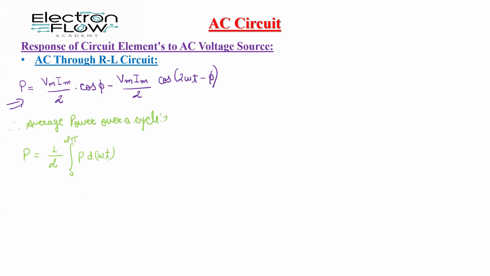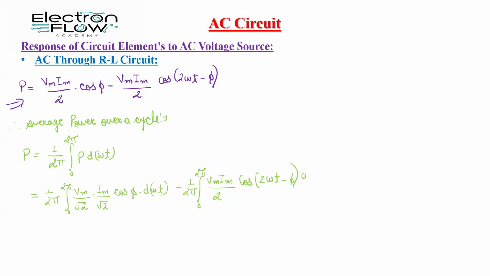So we put the value of the power in this equation: 1 upon 2 pi, integral from 0 to 2 pi of Vm by root 2 into Im by root 2 cos phi d omega t, minus again 1 upon 2 pi, integral from 0 to 2 pi of Vm Im divided by 2 cos(2 omega t minus phi) d omega t.